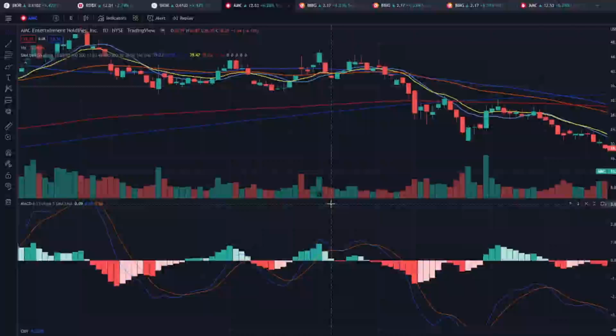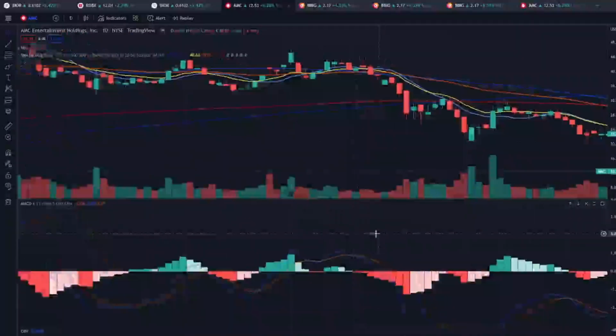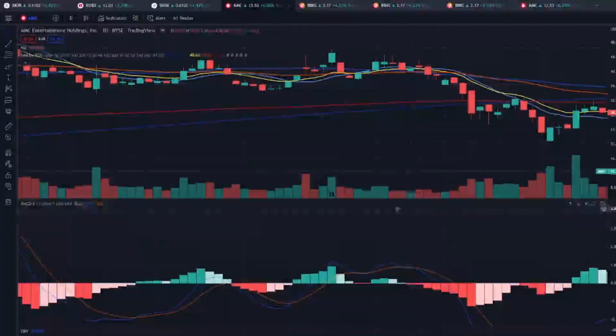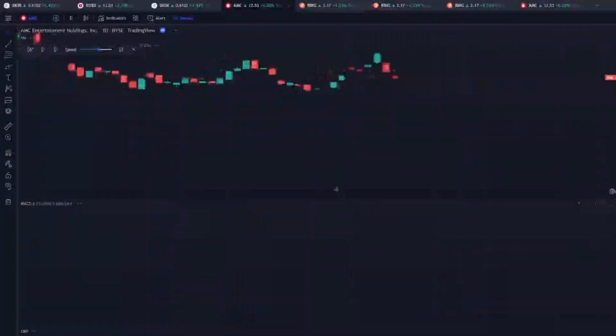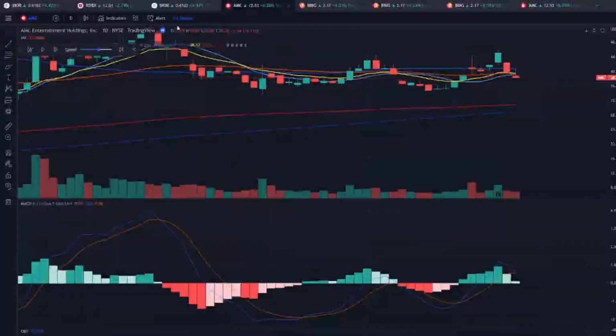Sorry, just a suggestion. If you maybe want to use the replay option. Replay option? Yeah, so you can replay the chart. Oh my god. Wow. And how do I play it backward, forward?